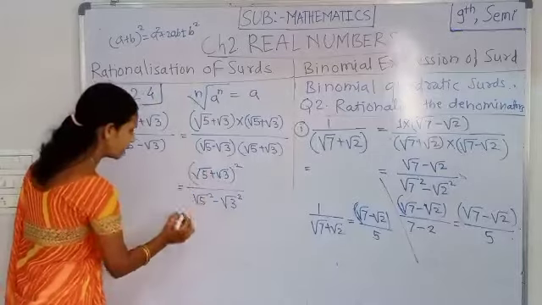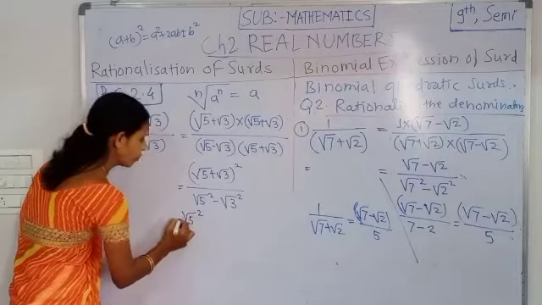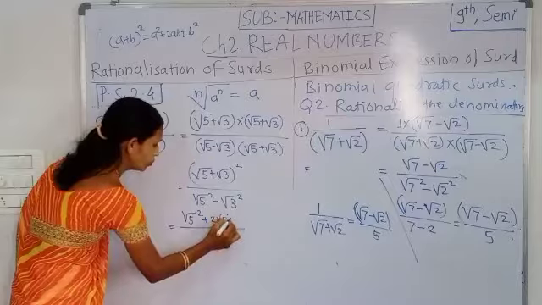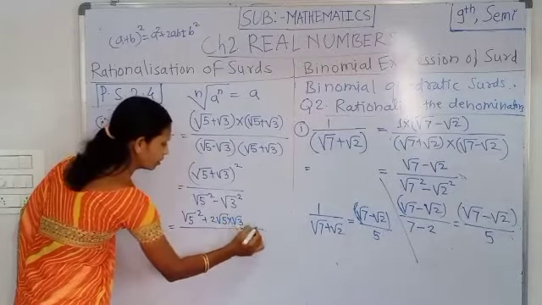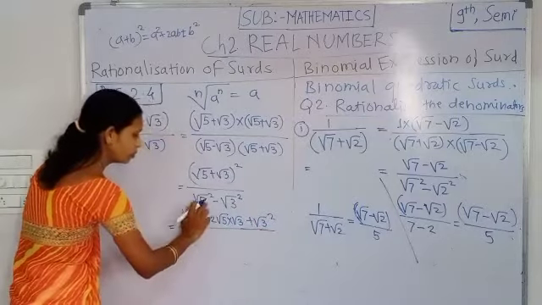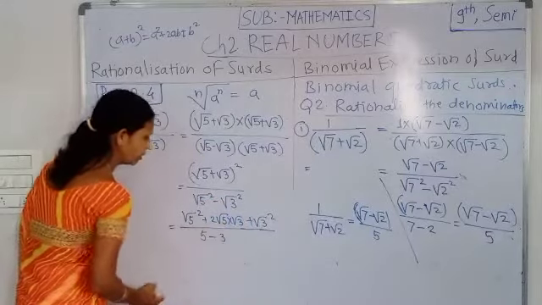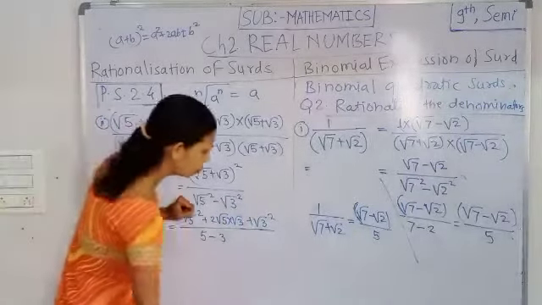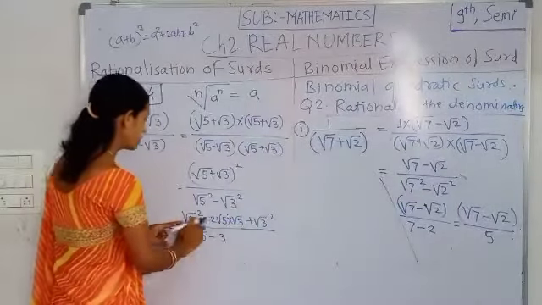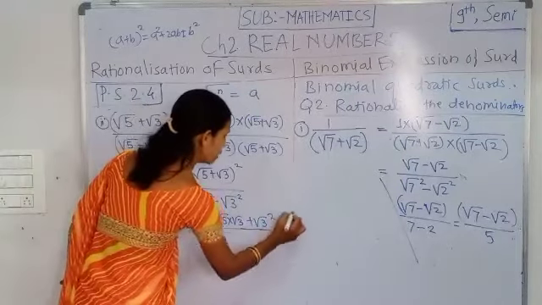Like that we can write root 5 square plus 2 into root 5 into root 3 plus root 3 square, upon root 5 square, 5, minus root 3 square, 3.